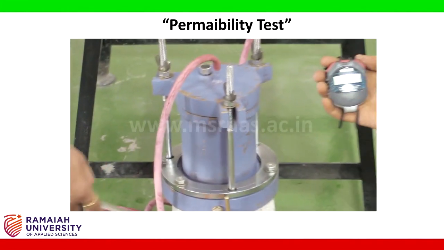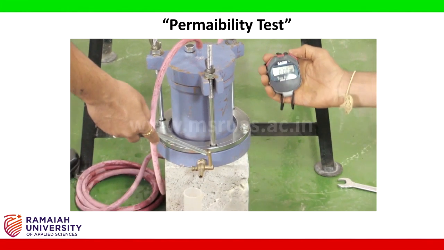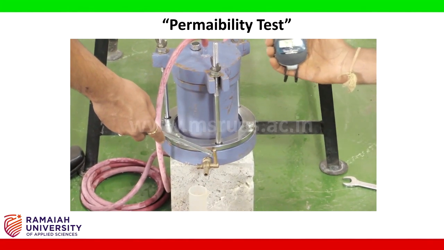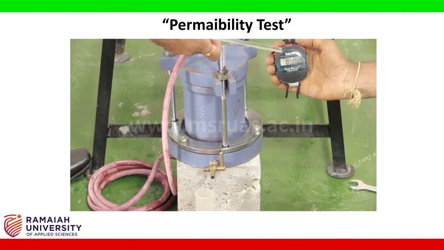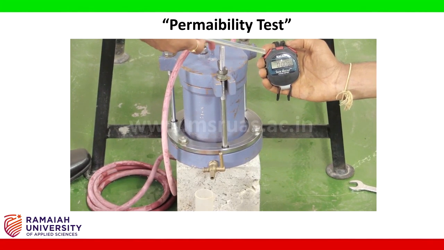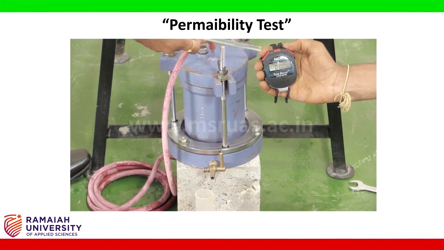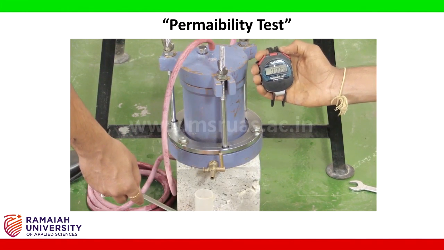So make sure you open the exit tap, and the moment you open this exit tap, you switch on the stopwatch and measure the time required to fill 100 ml of water in this measuring cylinder.